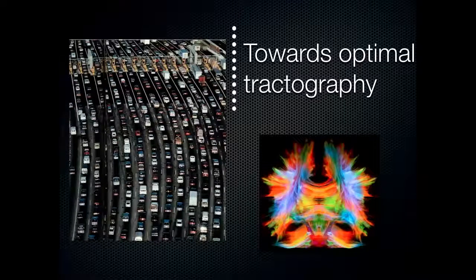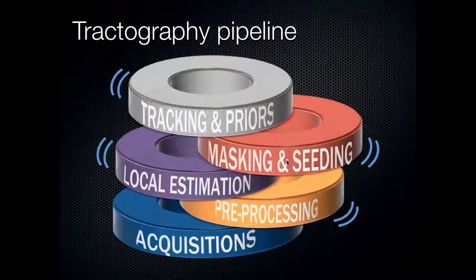So let's go and talk about tractography and how to get towards optimal tracking. You have to keep in mind that the tractography pipeline is a whole process of processing steps. Today I'll be mostly talking about masking and tracking procedure, algorithms to do that, but keep in mind that image acquisition, image quality, pre-processing your data, correcting for the artifacts, the distortion artifacts, the noise in your data, and accurate local estimation is crucial.